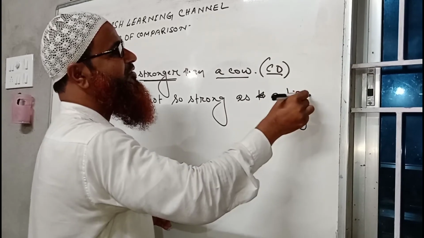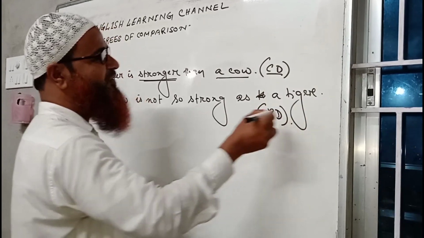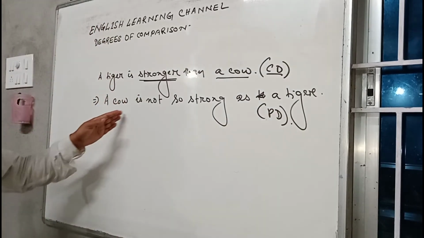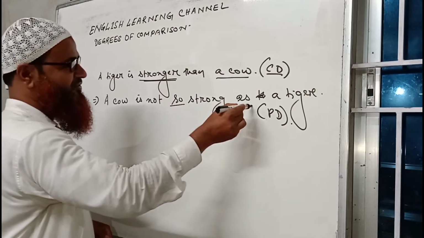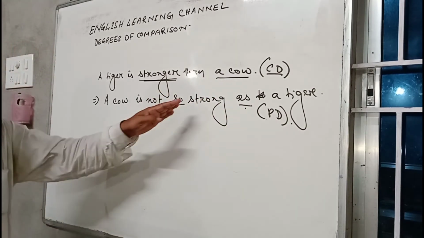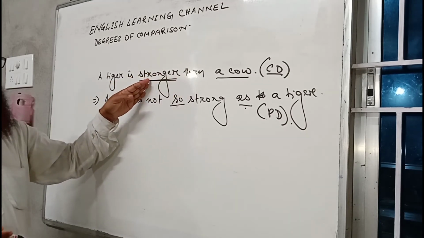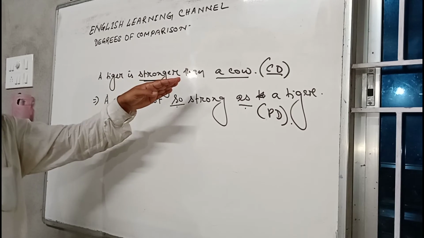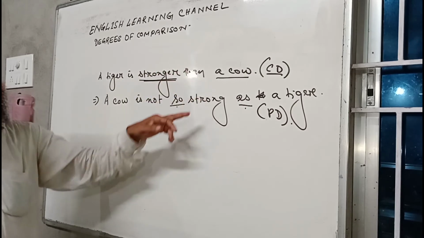I hope you have got the point. It will be PD, that means positive degree. So here you have seen the change. We have used so, as, or as before and after the adjective strong, and we have used than after the adjective stronger. So these are the signs of comparative and positive degrees.